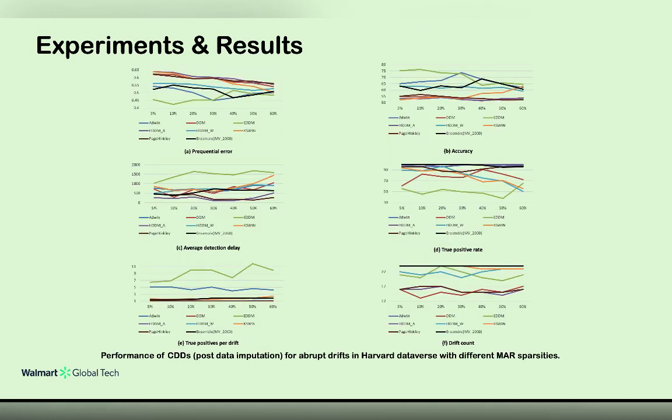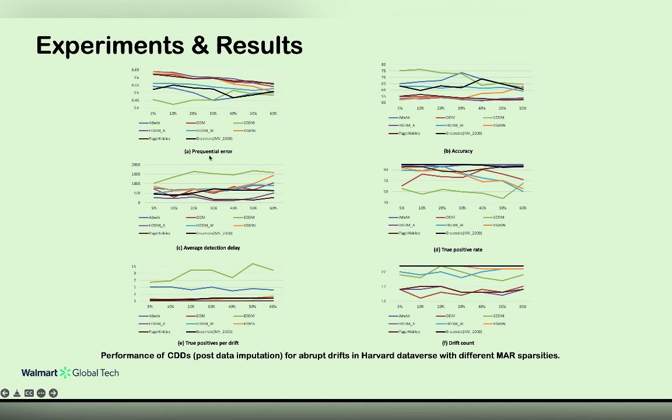Well, this part is quite interesting. Here we are trying to choose the winner among all these algorithms. So just see the plot for frequential error. The lower the value of frequential error is, the more acceptable it is. So you can see that EDDM performs best here.